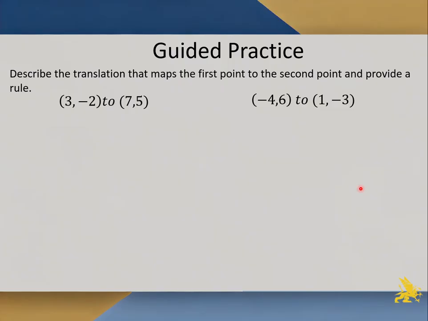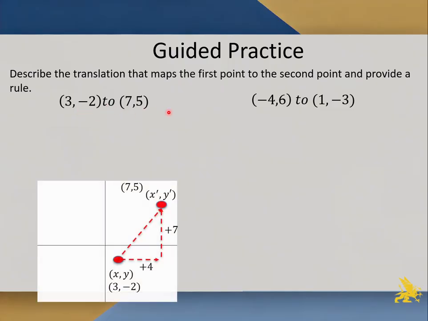So when we are describing the translation that maps the first point to the second point and provide a rule, the first thing I'm going to do here is I can draw a picture. I can look at what is going on with my x's to get 3 to 7, and what am I doing with -2 to get -2 to 5?